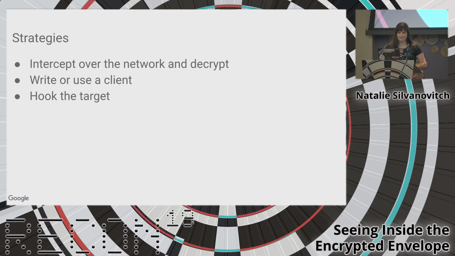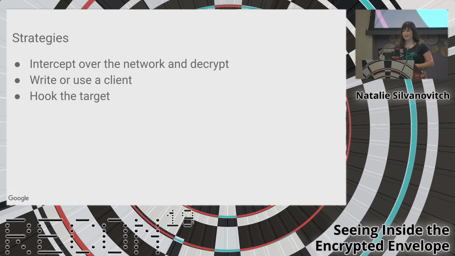So what are the strategies you can use? There's kind of three in general. One is to intercept over the network and decrypt and then send another thing if that's what you want to do. Another thing you can do is write a standalone client in software that sends the encrypted messages to the endpoint, or you can use an open source one if an open source one already exists.